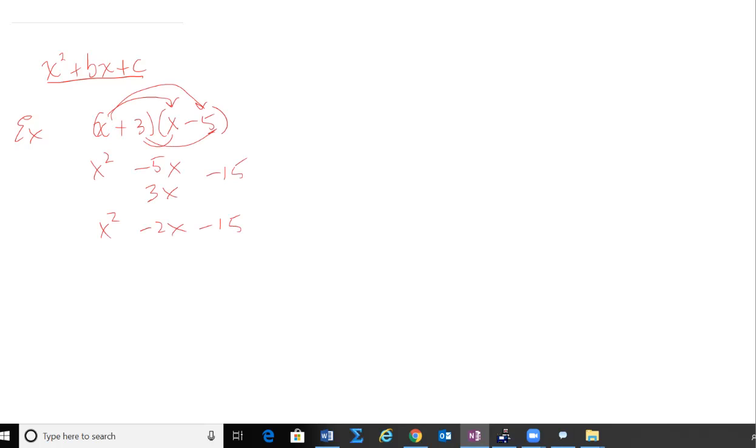Now, what you notice going backwards, in other words, let's say our goal was to factor this. Well, we would first think, okay, I've seen trinomials before. Maybe it came from something like this. And I know from experience that if I had an x here and an x here, that would certainly give me an x squared. And I know from experience that minus 15 might come from a 3 and a 5. It might, I don't know for sure.